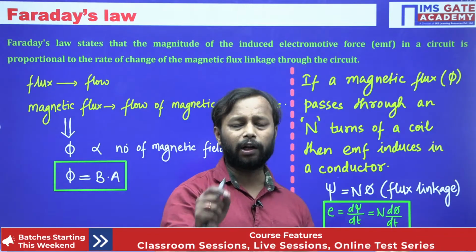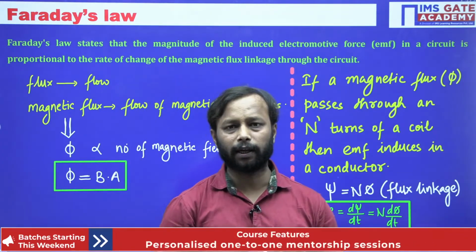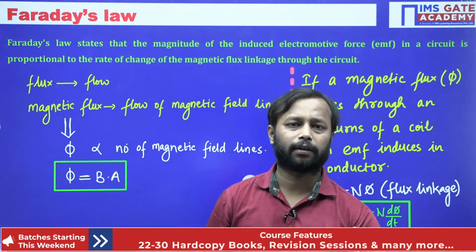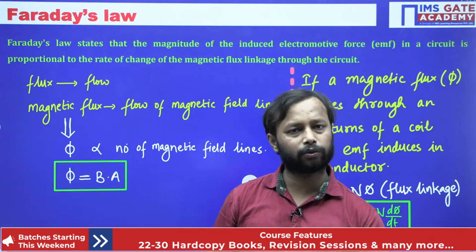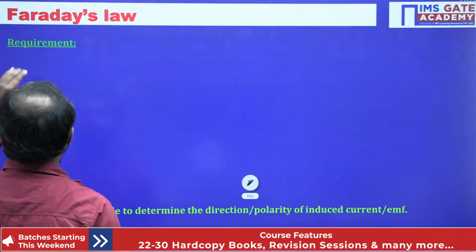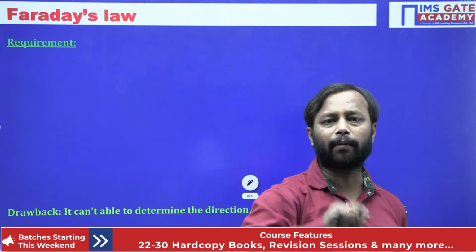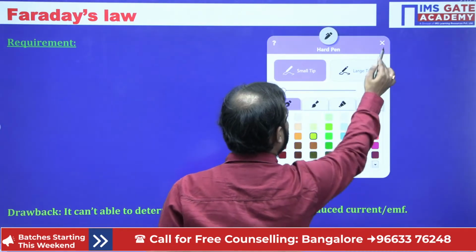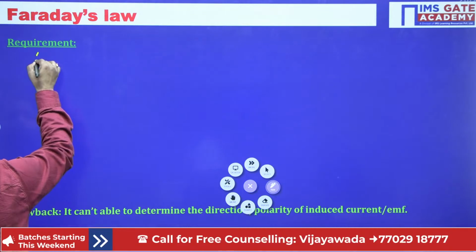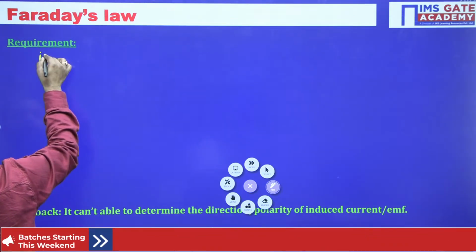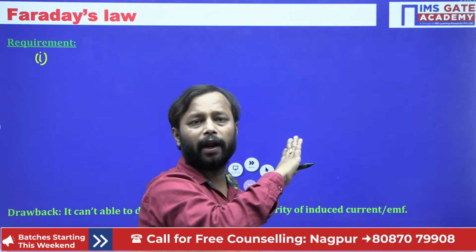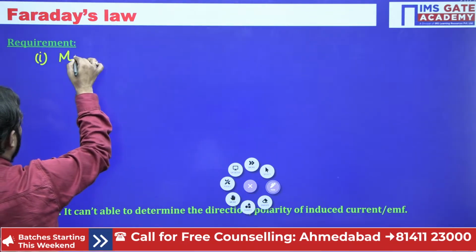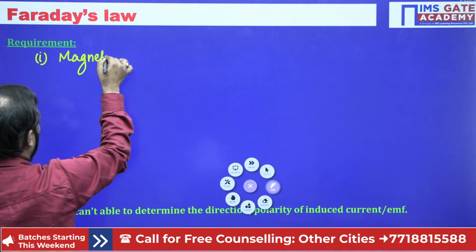Now, EMF can only be induced whenever we have a magnetic field B and a conductor. EMF can only be induced in a conductor. This means the requirement to have an EMF is this: until and unless we have these three, you cannot have any EMF. The first one is the magnetic field, which produces the magnetic flux.